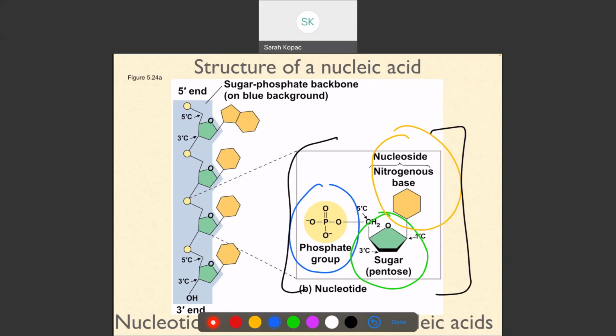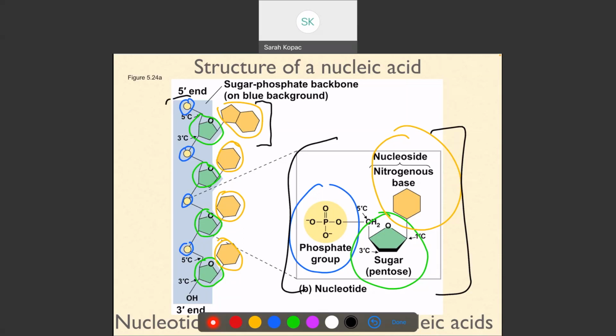So the phosphate groups you see here, the sugar groups we see here, and then nitrogenous bases we're seeing here on the other side. So basically, nitrogenous bases are on the opposite side of the molecule as the phosphate group when you have it in a polymer.